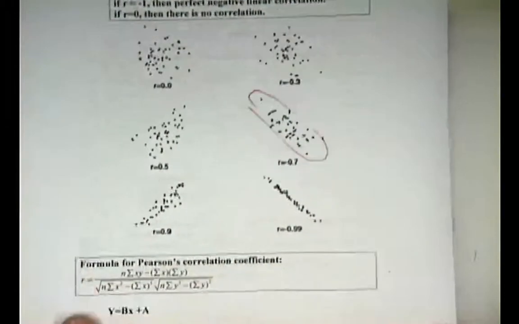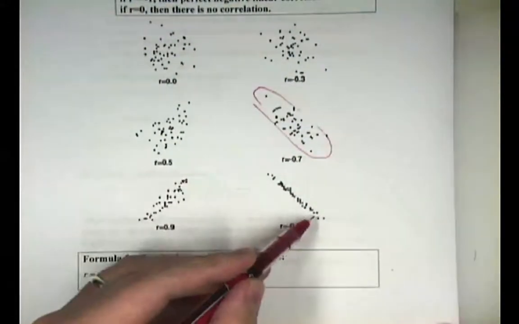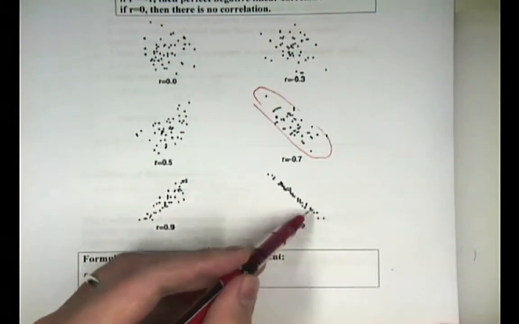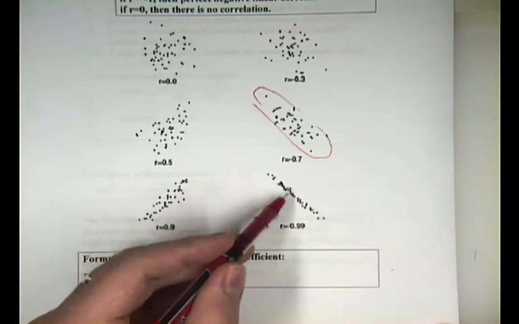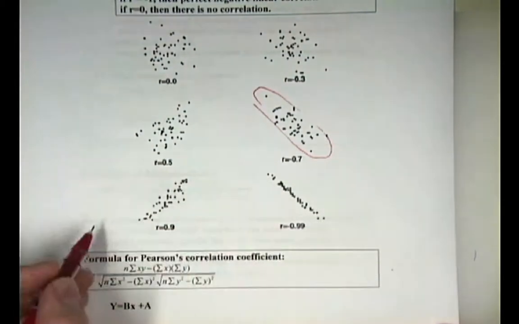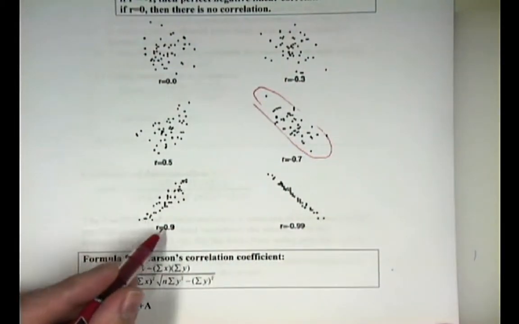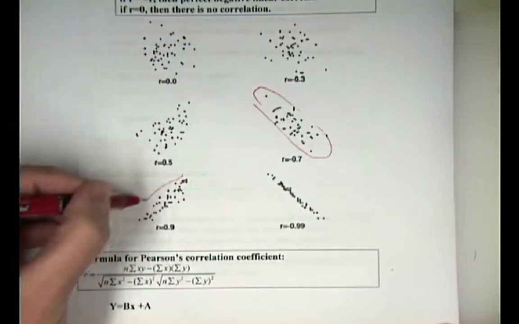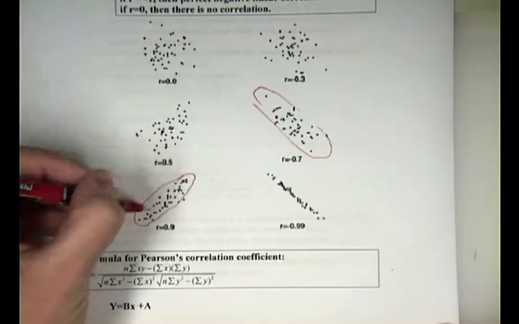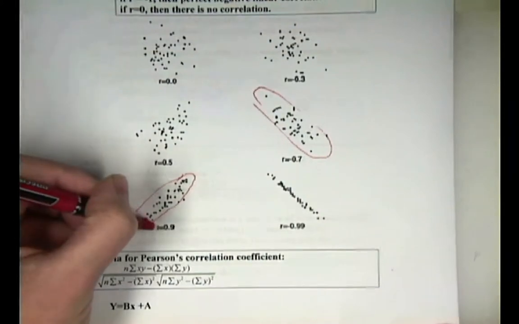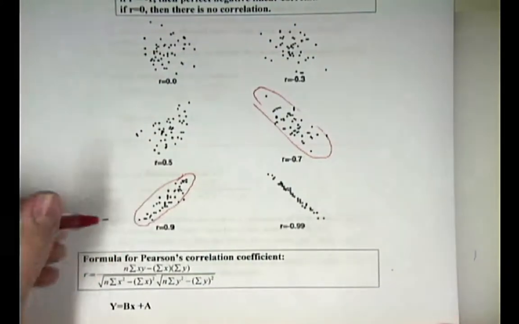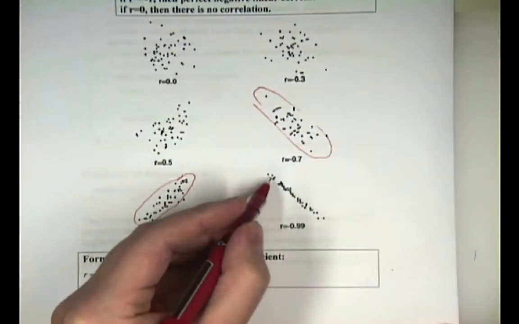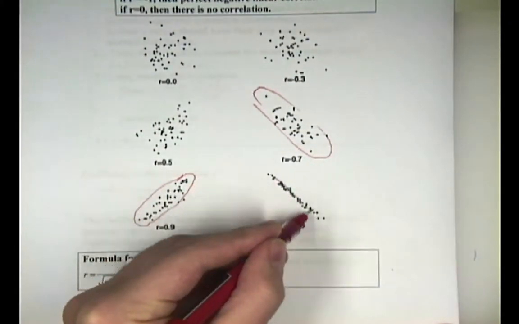Rarely will you get a nice, tight bunch of dots, like in this example. This is a very rare case, and it's almost a perfect correlation. Here is r is 0.9, where you can see that there does seem to be some sort of correlation going on. In the real world, 0.9 is a pretty decent correlation. Here, r is negative 0.99. This is almost a perfect linear correlation.